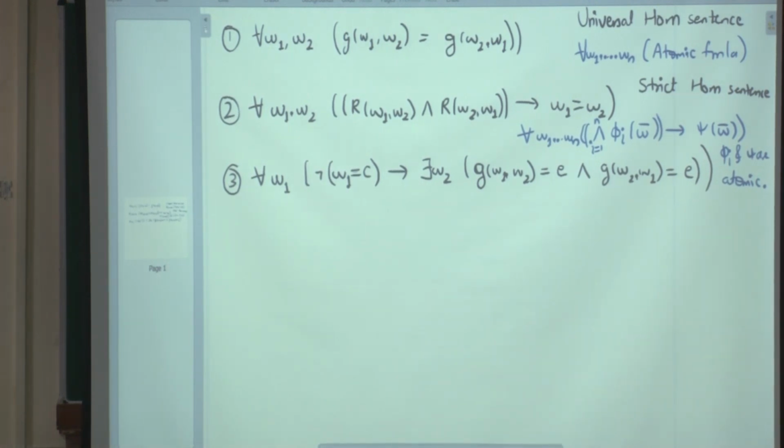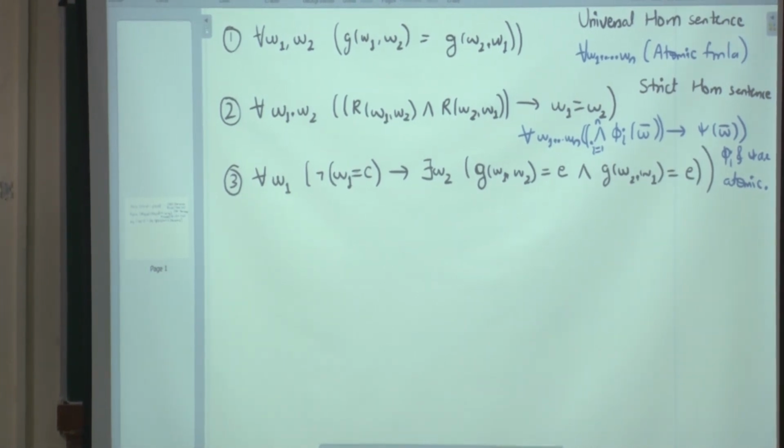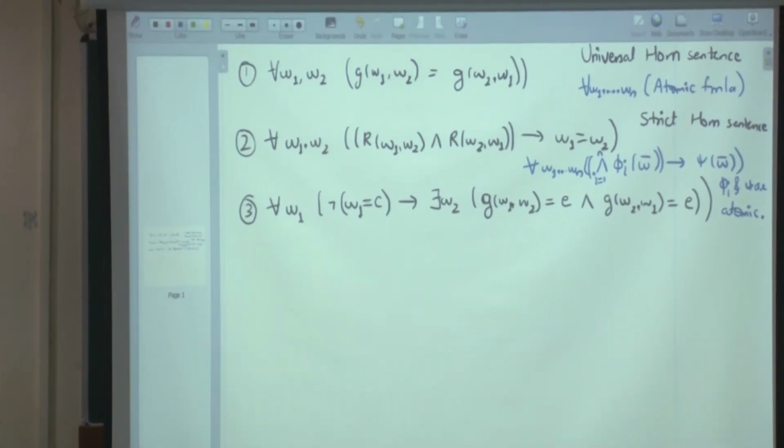Now the first one is satisfied, let's say, by a group, when G is interpreted as a binary function. So is the cross product of two groups a group? If you don't know what a group is properly, then just think about R plus 0. R plus 0 cross R plus 0.